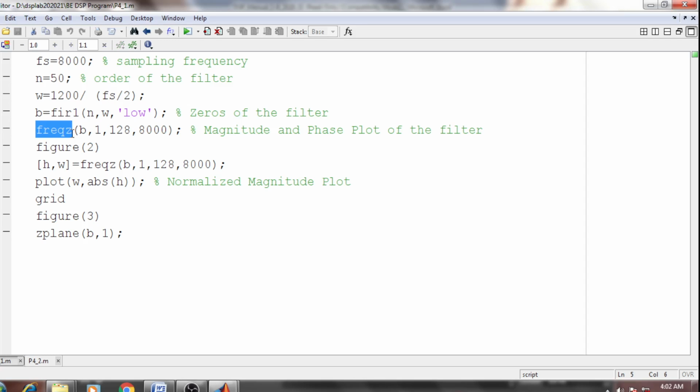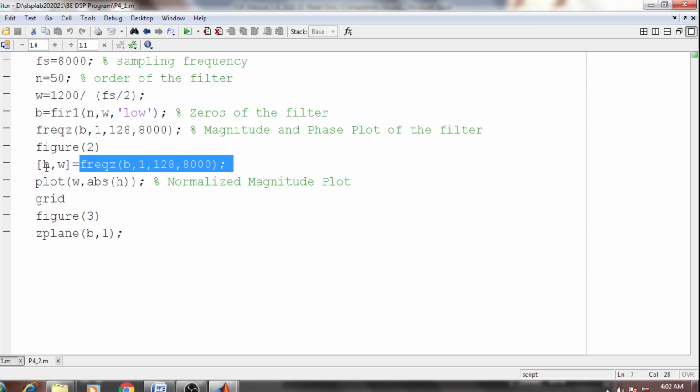Now it is time to plot the response. Once you have calculated the magnitude as well as phase, that will be plotted with the help of figure. It helps you to plot the response. Once the magnitude and the phase are calculated, we do it separately.